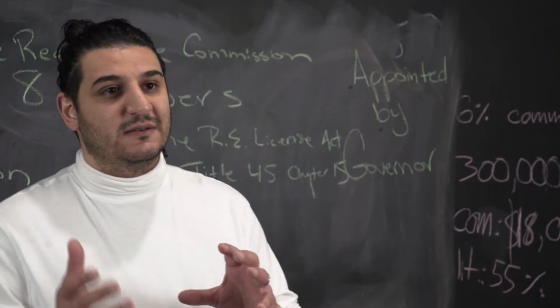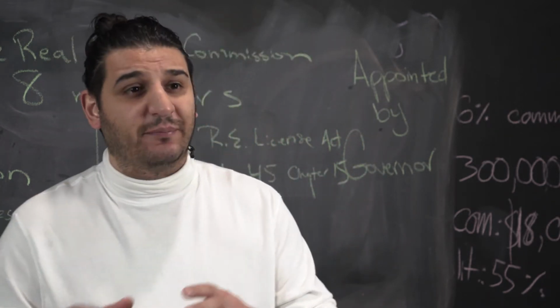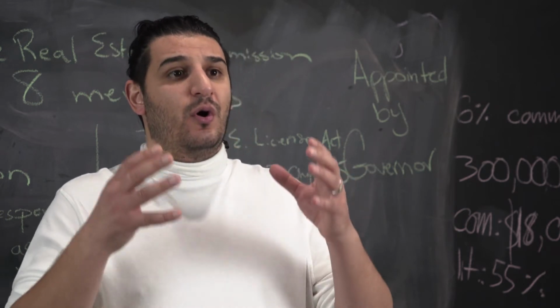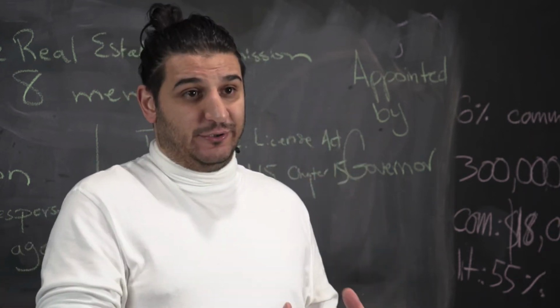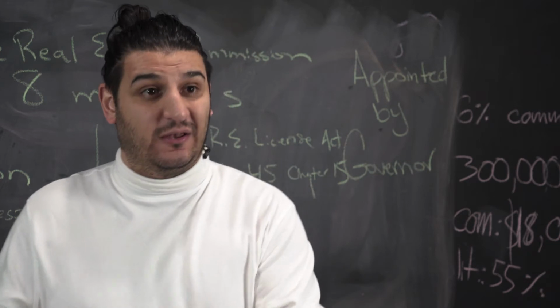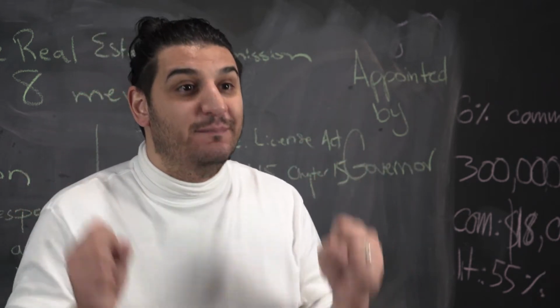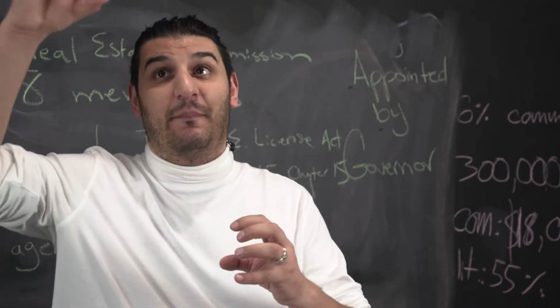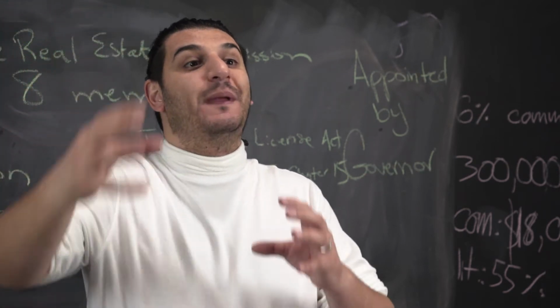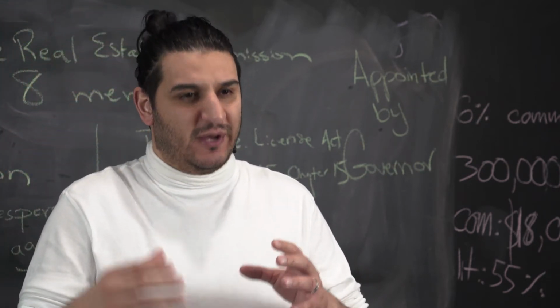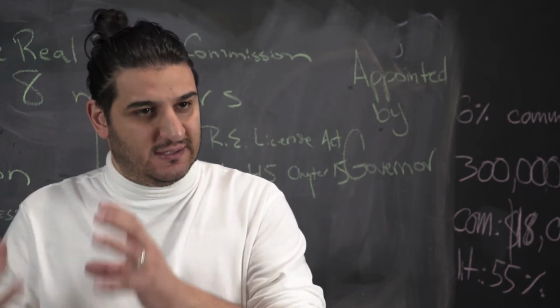We're going to get into that in the next chapter, but when you are representing a buyer or a seller, you owe them fiduciary responsibilities. They become the principal and you become the agent. We're going to get into that in chapter 3 in a lot more detail.